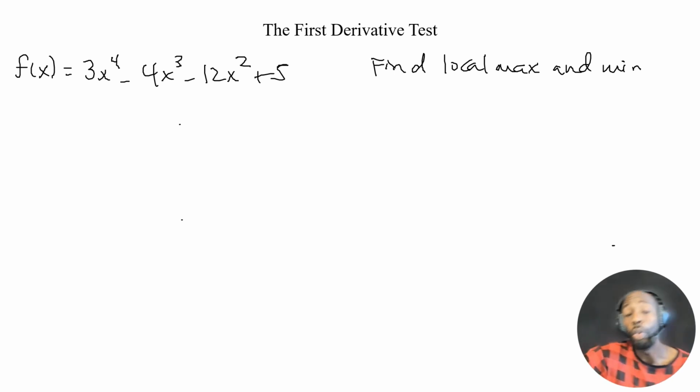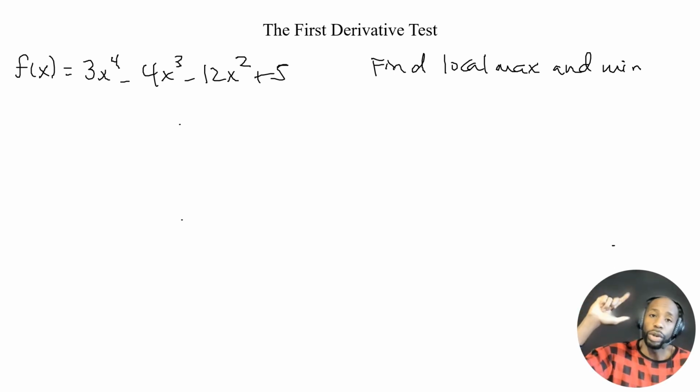So what do we need to do? We need to locate where the critical numbers are. That means we want to find either where the derivative is equal to zero or where the derivative does not exist. That would tell us where the critical numbers are.